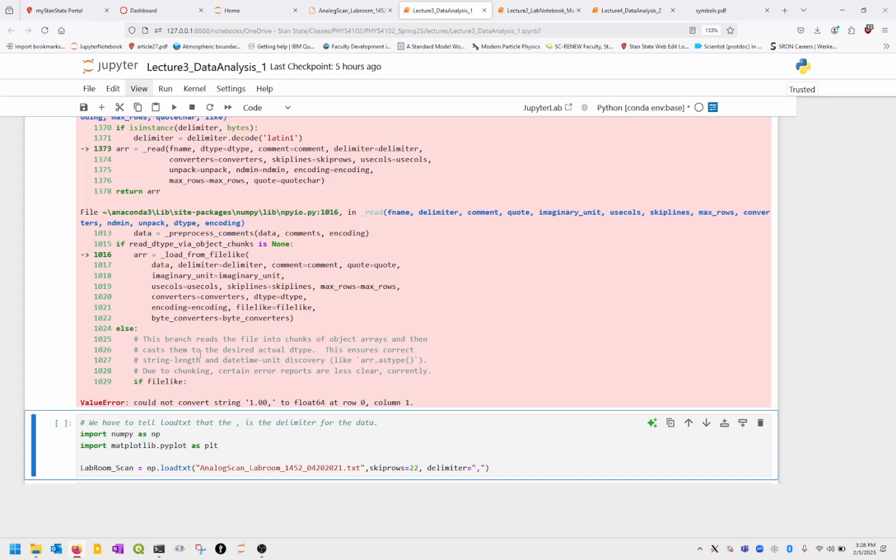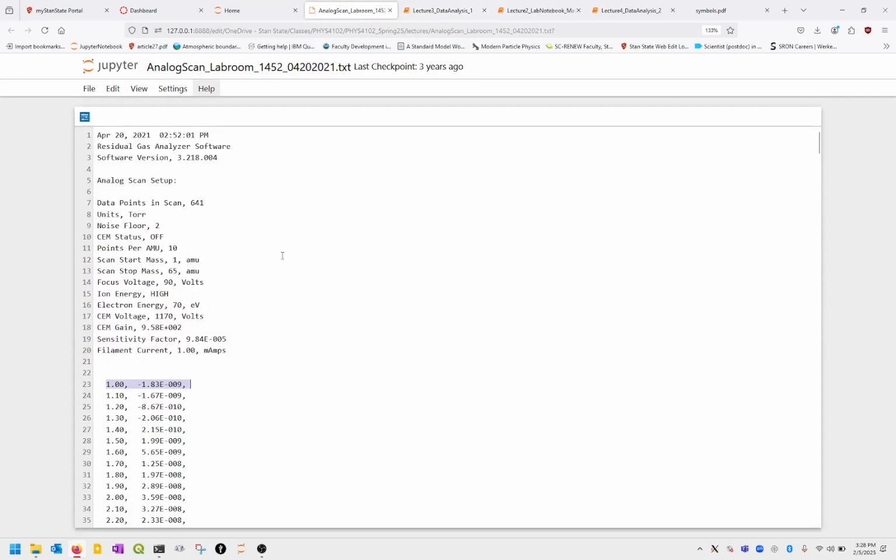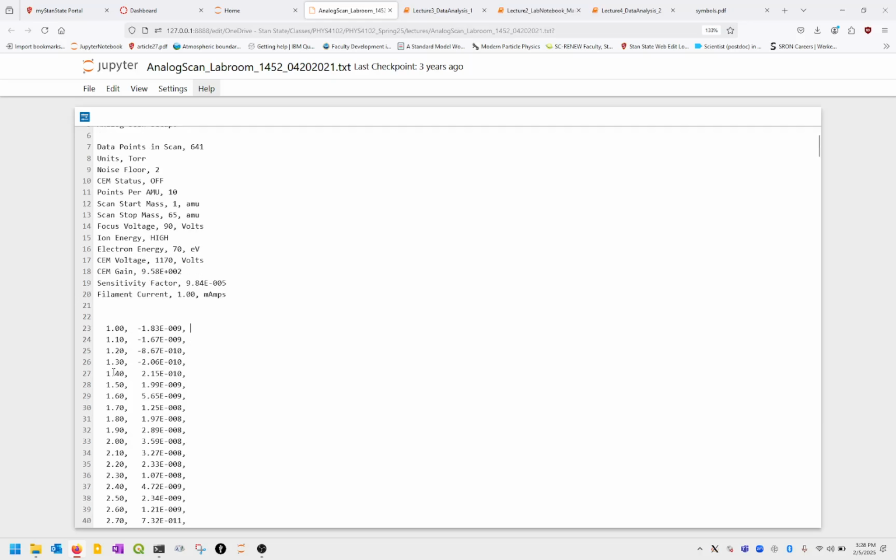Well, 1.00 is still a floating point number, right? The comma messes you up, right? Look at the data. The first thing it's reading, white space is okay, is 1.00 comma.